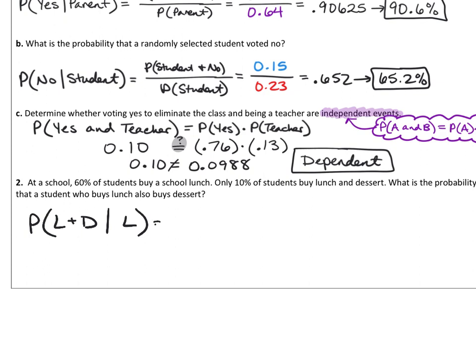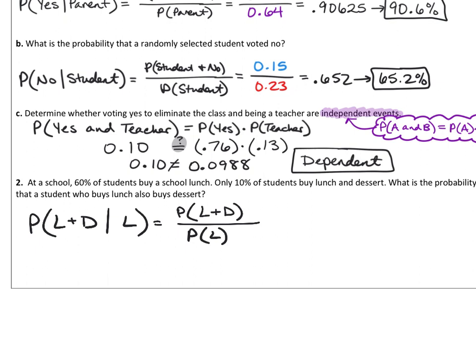Yes. Now using my formula, the formula for conditional probability says we are looking for the probability that a student buys lunch and dessert, but we are going to divide it by the probability that the student buys lunch. Reading the problem one more time.